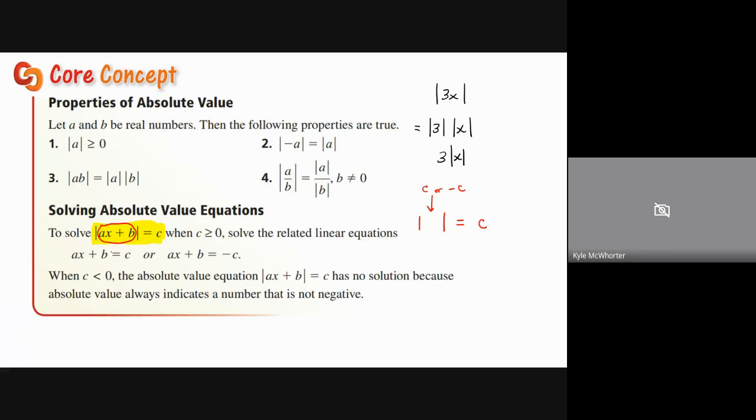So all we have to do is take whatever is inside the absolute value and write 2 equations. One where it equals that number, and one where it equals the opposite of that number.